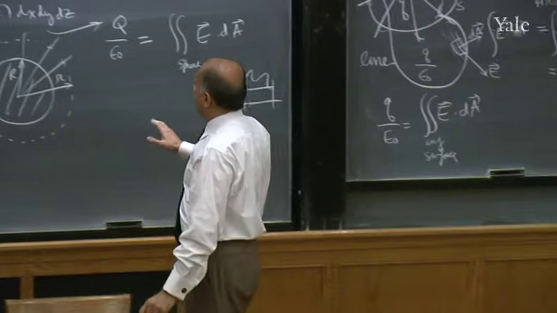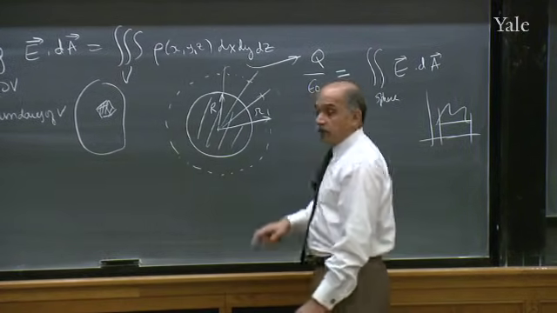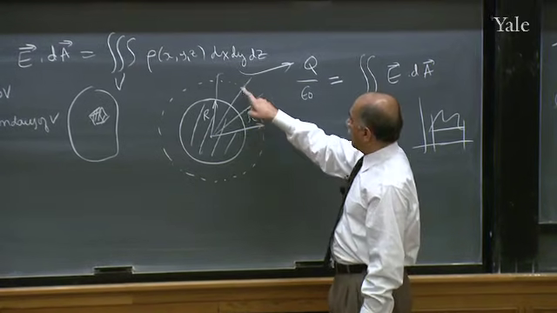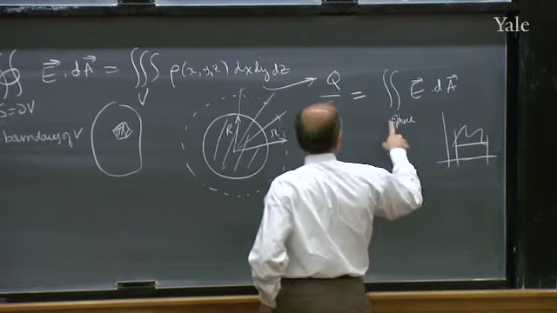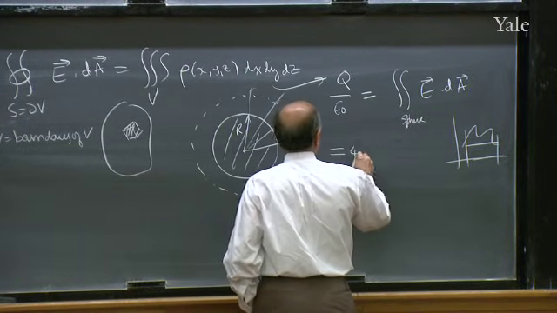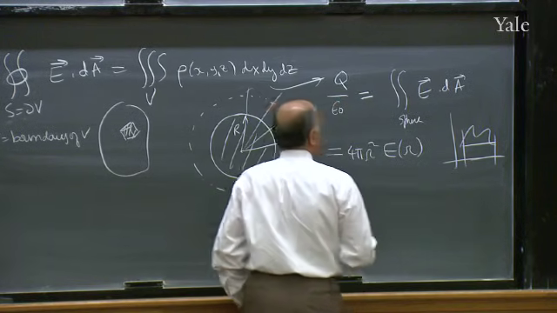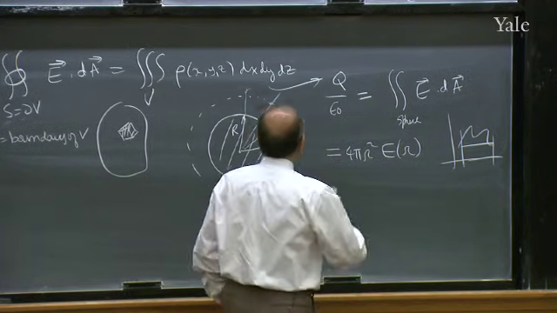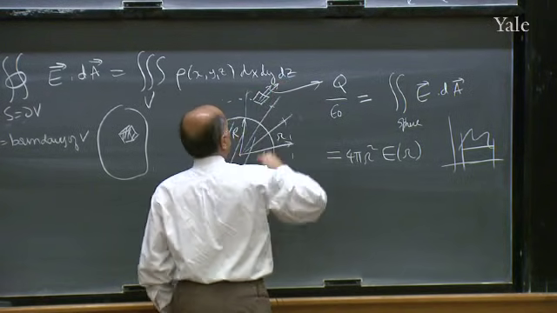Therefore, the electric field is radial and also constant throughout the sphere because all points on the sphere are equivalent. There's no reason why this is any better than that. The sphere looks the same from all directions. Therefore, this whole integral is going to be 4 pi r squared times the electric field at that radius r, because the area vector and the electric field vector are both parallel.